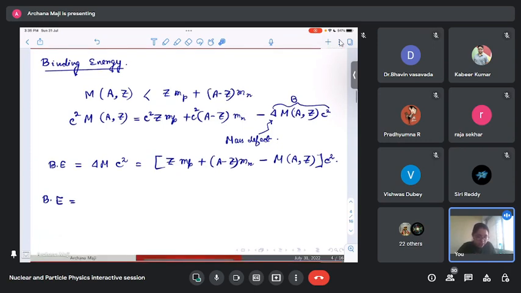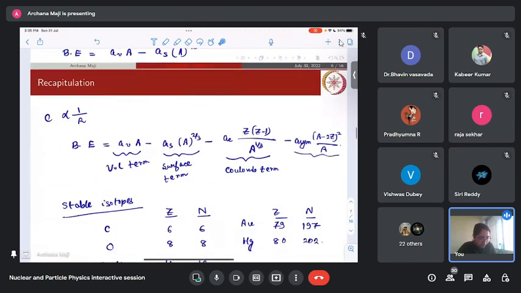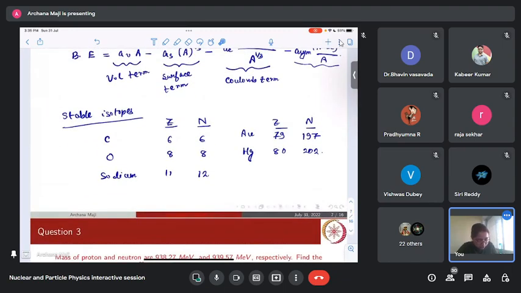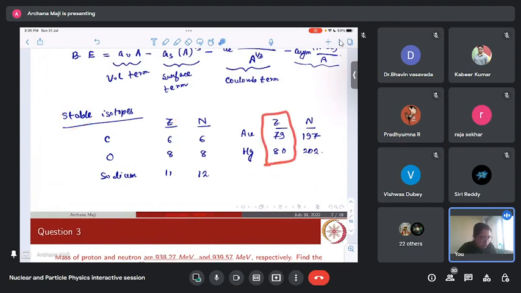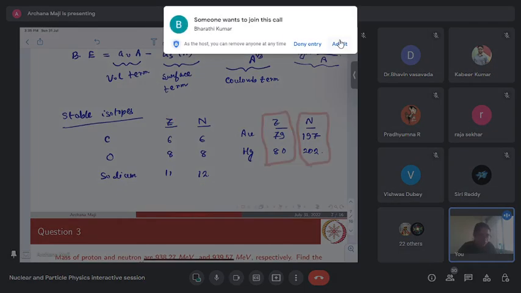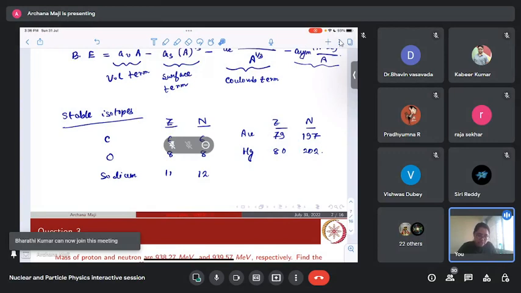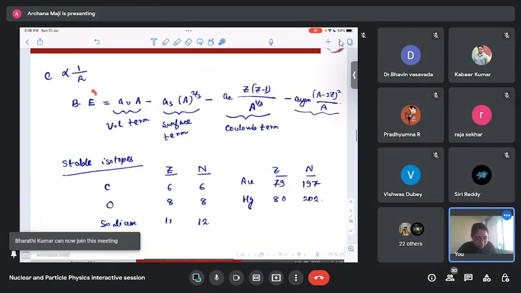So right now we are talking about stable isotopes. That's why that information, that for light and medium weight elements the stable isotopes have neutron number and proton number almost the same, and for heavy elements the neutron number is double that of the proton number, has to be incorporated into the definition of binding energy.